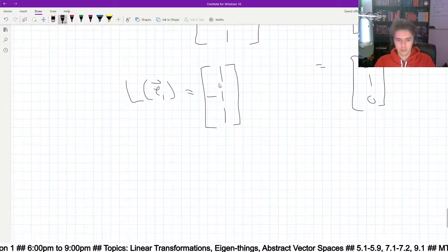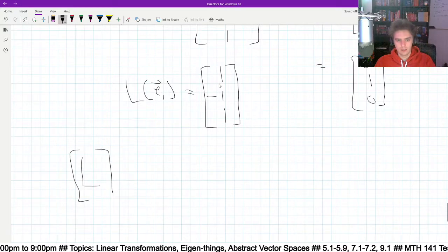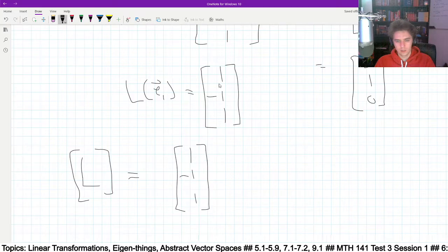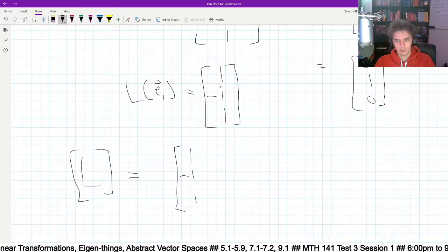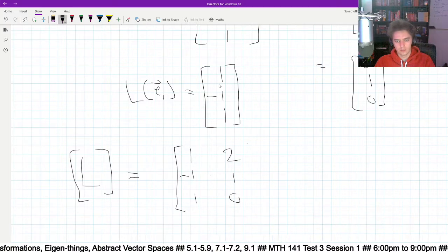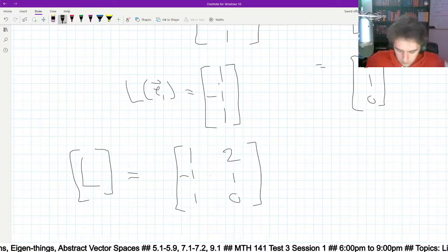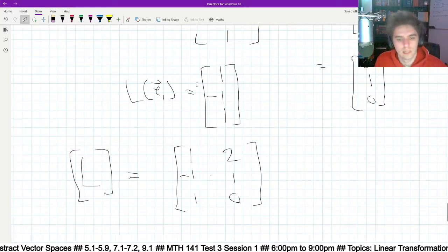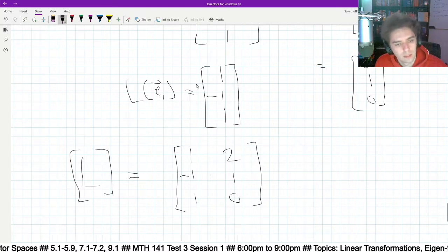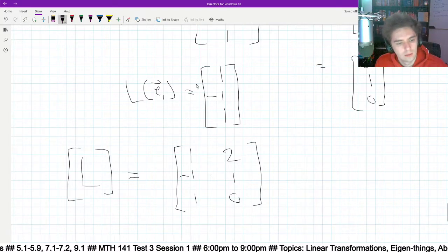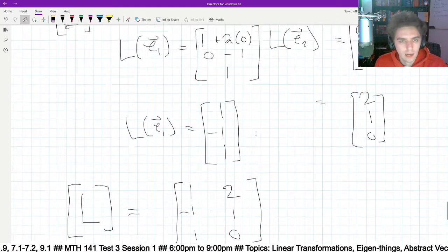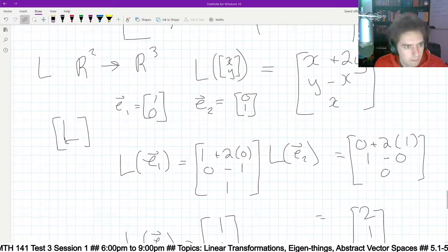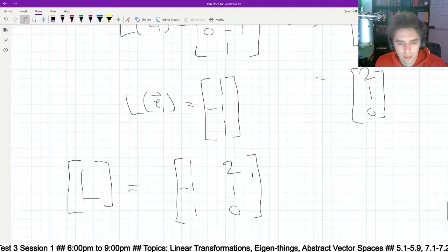And so our matrix representation of L is going to have columns (1, negative 1, 1) and (2, 1, 0). Good. So that's the matrix representation of L, and that's the answer to the question.